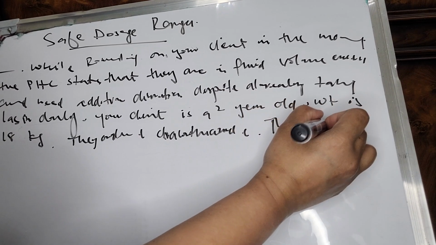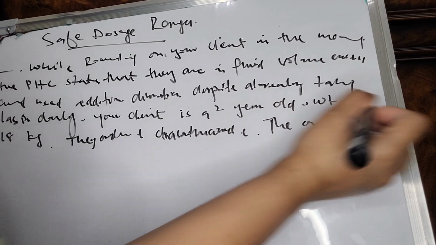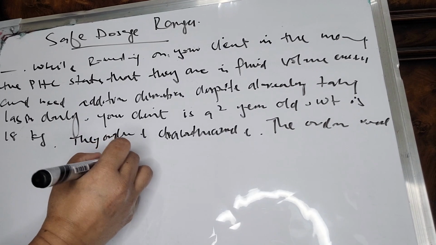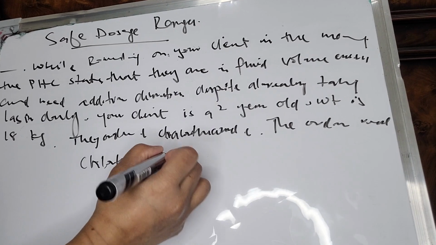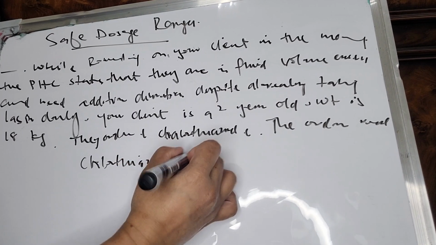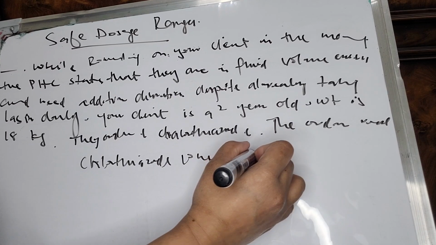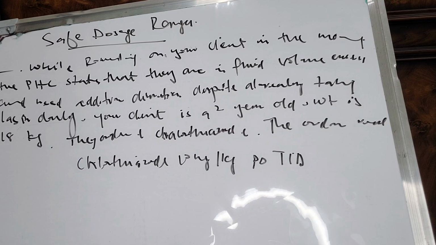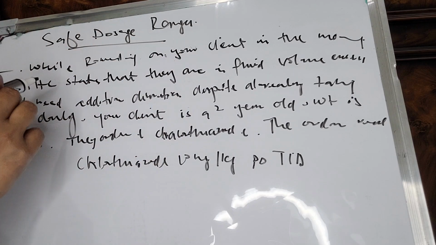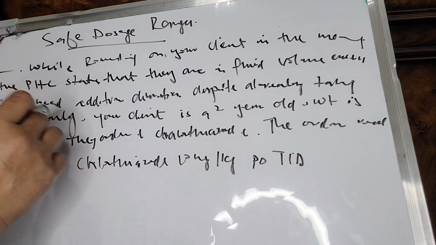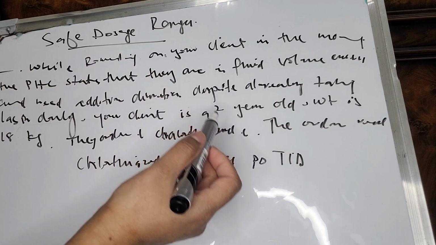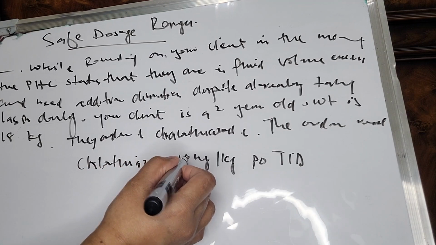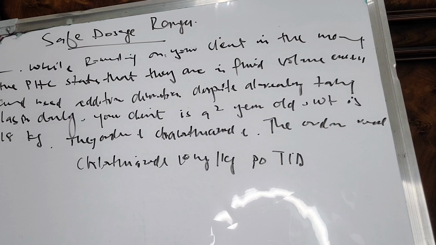The order reads chlorothiazide 10 milligram per kg POTID. So the patient is already on Lasix, the patient needs additional diuretics, and the doctor orders chlorothiazide 10 milligram per kg POTID.